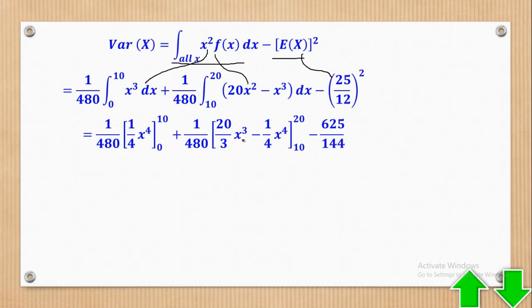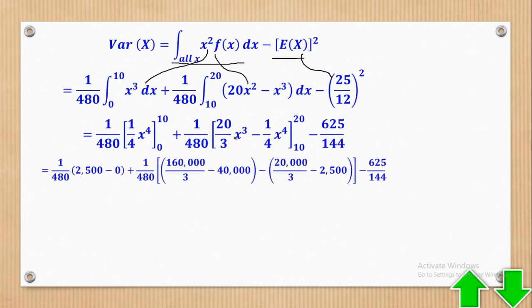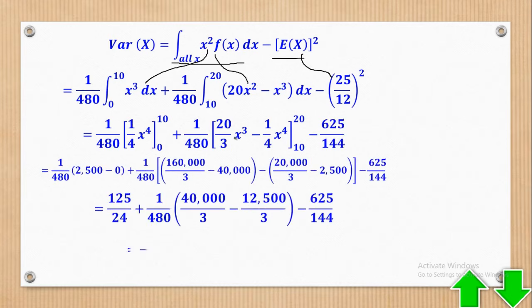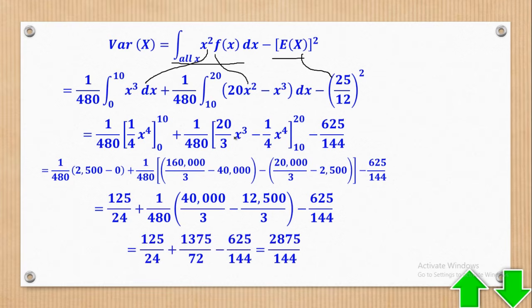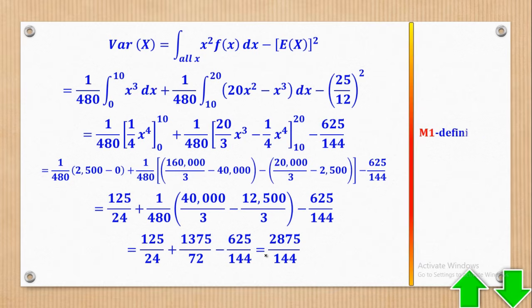When I integrate, I come up with that, and when I substitute the limits, I'll come up with that. So next is to simplify by using a calculator to come up with variance being equal to 2875 over 144. So that is variance. Now let's see how marks can be awarded before we go to the hence part.